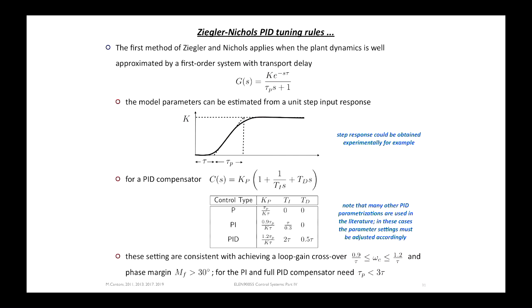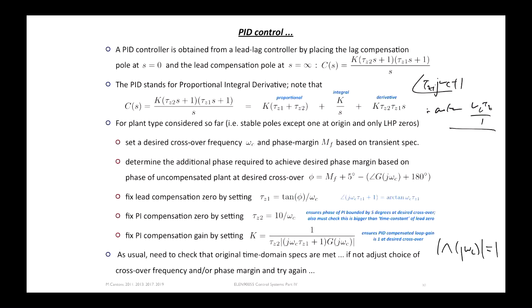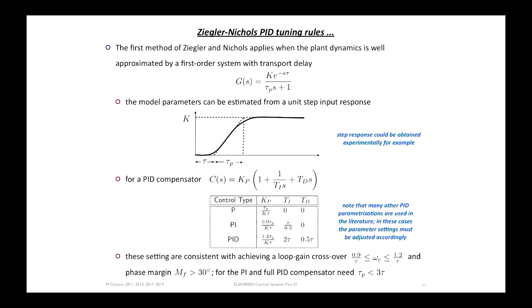And so these guys figured out rules for choosing the parameters of a PID compensator, now parameterized in a different way to this. So this is one parameterization of a PID controller. There are 1, 2, 3 parameters. Here's another way of parameterizing a PID compensator.